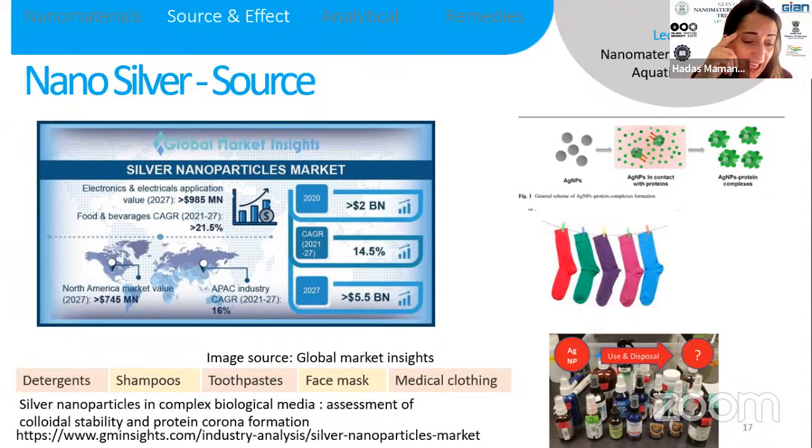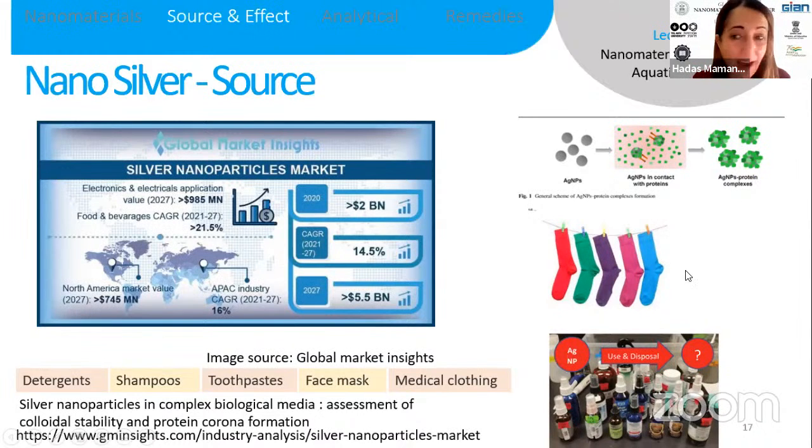And even by washing, the aquatic environment can result in release of these particles. So we can see here, for example, interaction of silver nanoparticles with proteins to form silver protein composites.